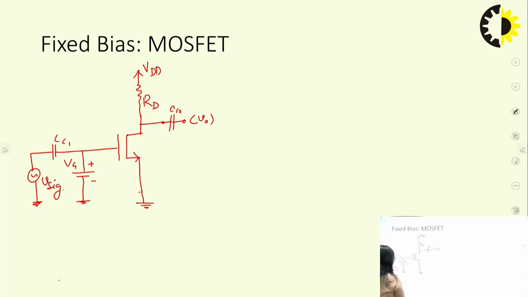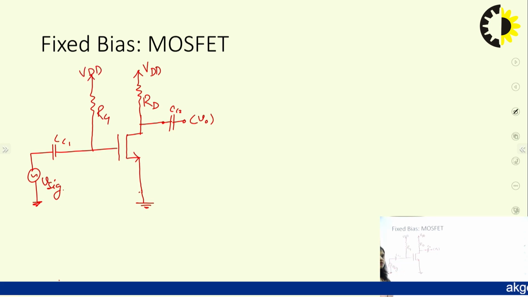For example, if we remove this, one way is we can connect a voltage source directly, or with the help of this VDD, by connecting a resistor RG, we can design a voltage source which is equal to VG. So in both ways we can implement the fixed biasing of the MOSFET.